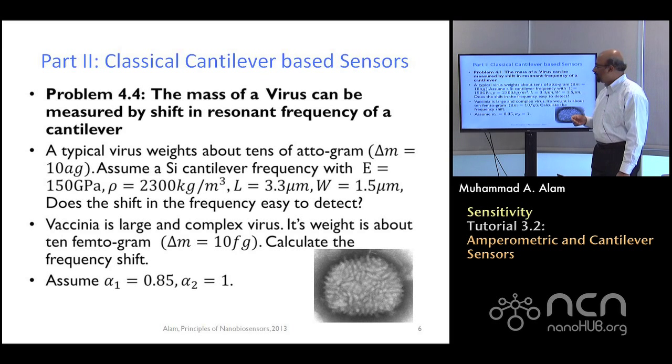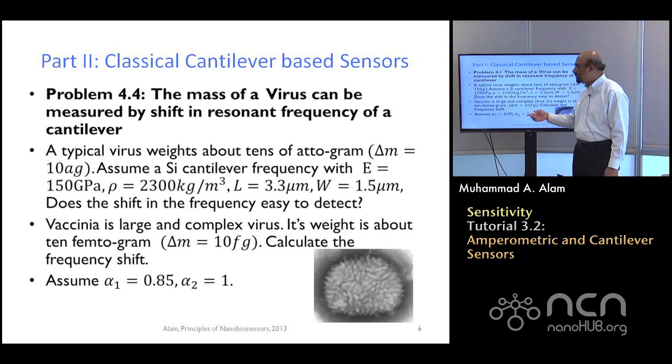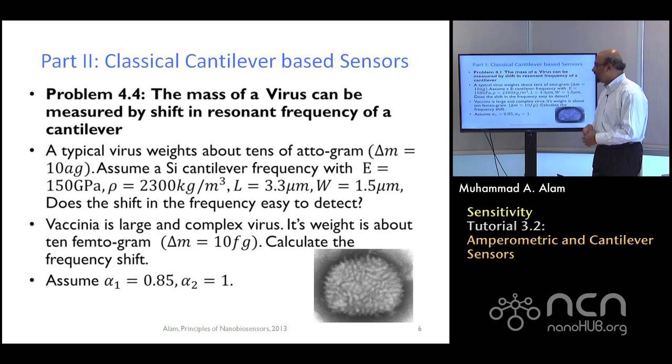So let's say a typical virus weighs about tens of attogram. Attogram is 10 to the power minus 18 gram. And if you have a silicon cantilever beam with a Young's modulus, let's say, of 150, density of 2300, a couple of microns long and wide, and relatively thin, let's say 25-30 nanometer, then let's see whether we can detect this type of a typical virus.